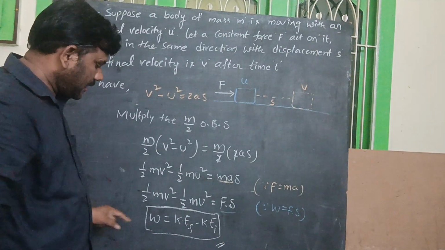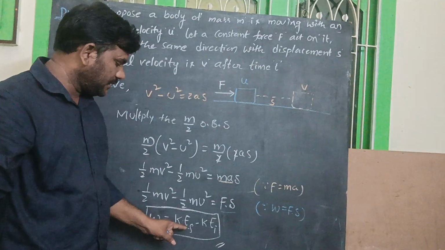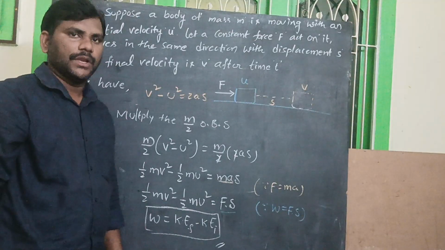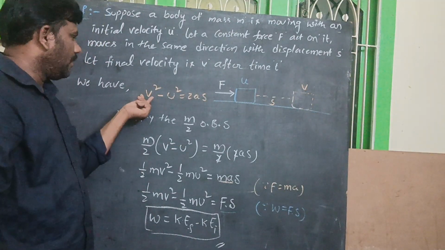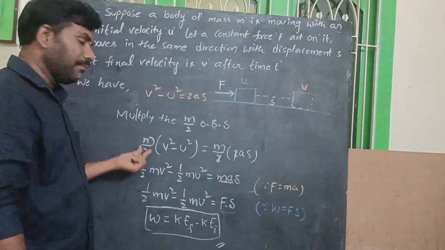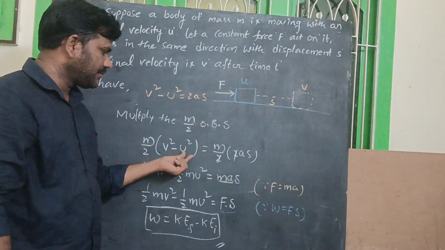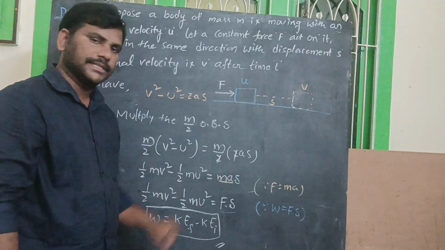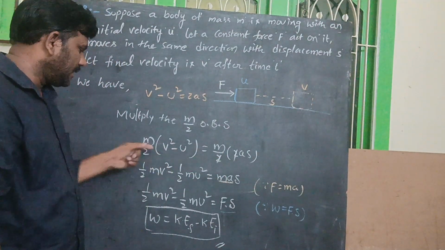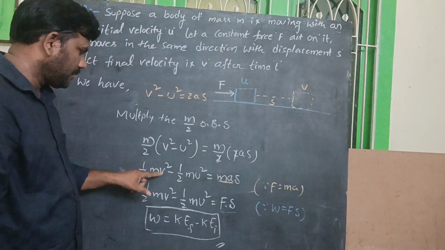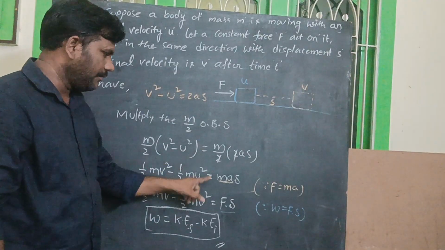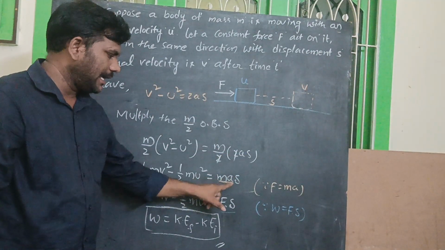So what is the work energy theorem? Work W is equal to change in kinetic energy, final kinetic energy minus initial kinetic energy. Very easy: v square minus u square is equal to 2as, multiply both sides by m by 2. M by 2 of v square minus u square is equal to m by 2 of 2as. Here the 2 cancels, remaining half m v square minus half m u square equal to m into a into s, mas.